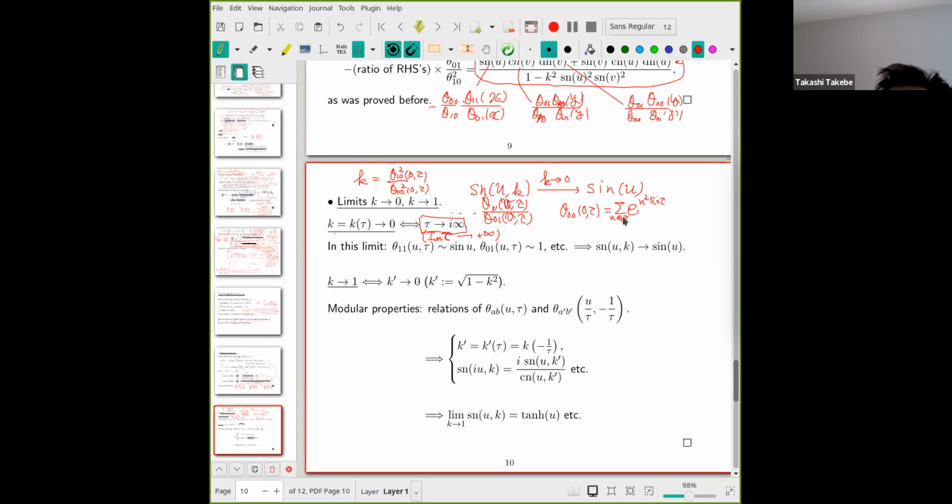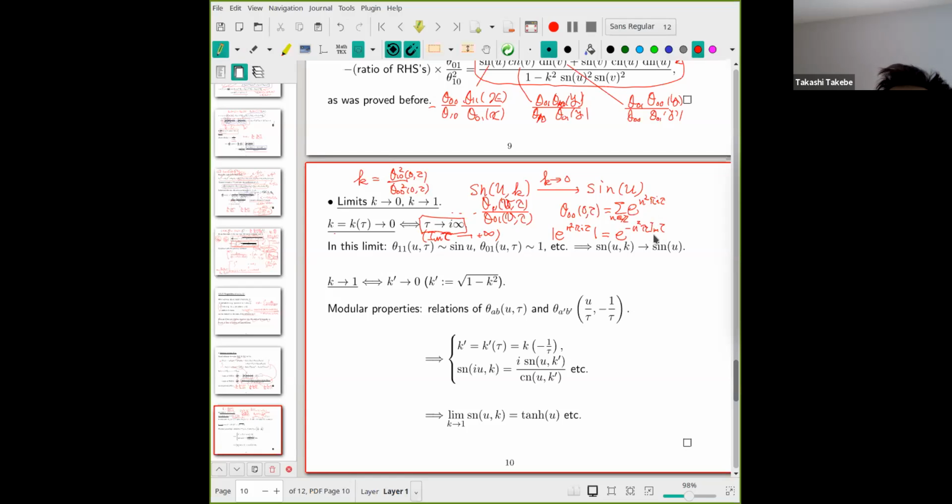Each term in this series has absolute value like this.